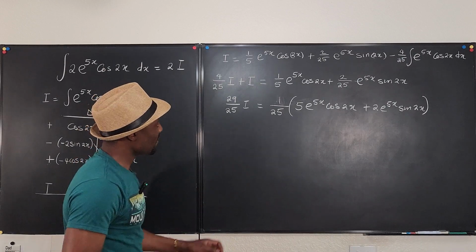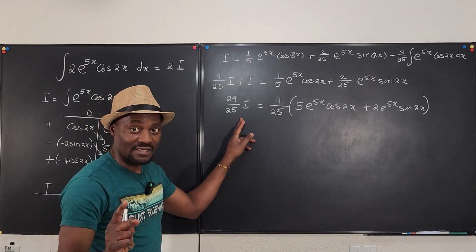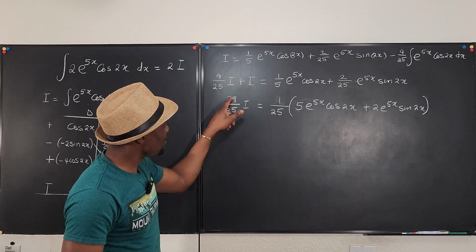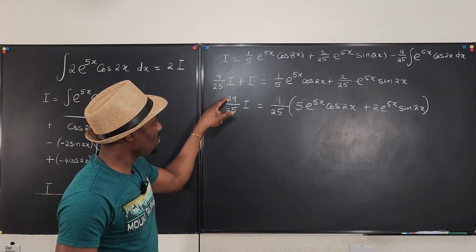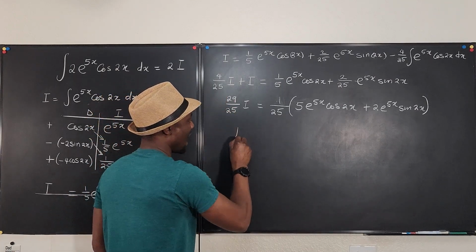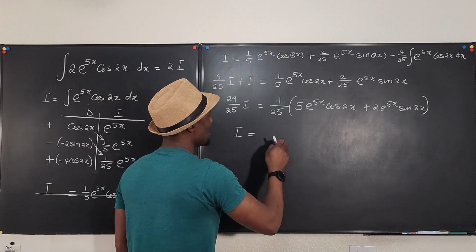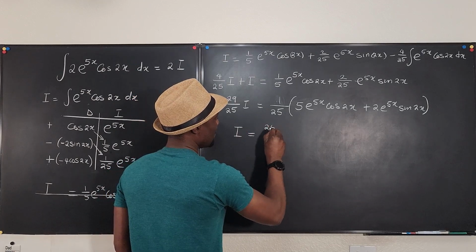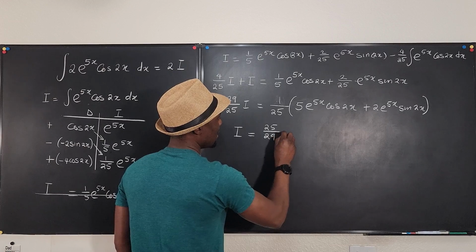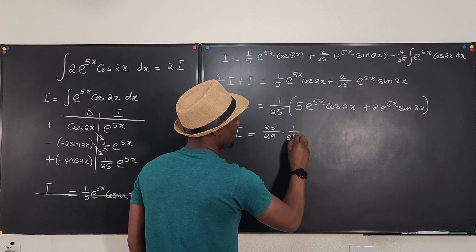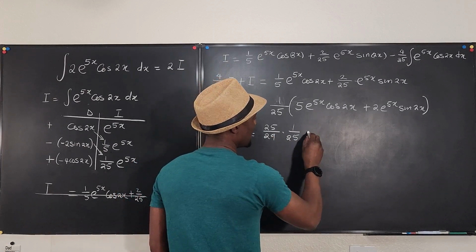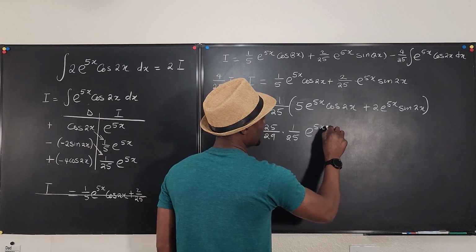So with this, we need to find what I is. So I is going to be, we divide both sides by 29 over 25, so that I will be equal to 25 over 29 times 1 over 25. And then I'm going to take out e to the 5x. Okay, finally, I did it.